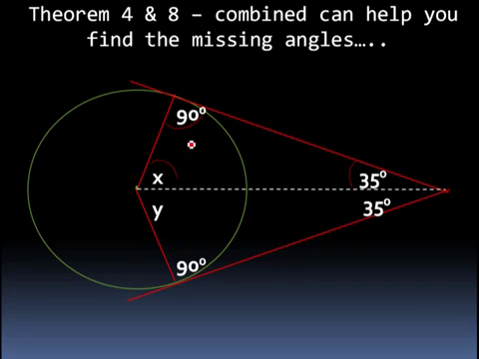These three angles should add up to 180 degrees. We have 90 already, so we need 90 more. So x plus 35 should also be equal to 90. So x is equal to 90 minus 35 degrees, and so x is equal to 55 degrees.